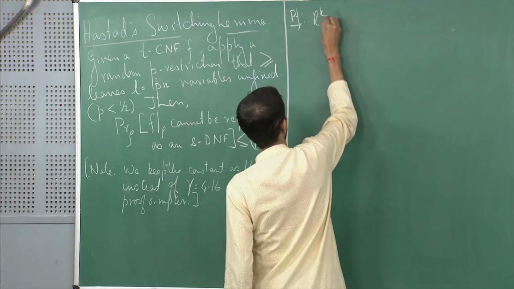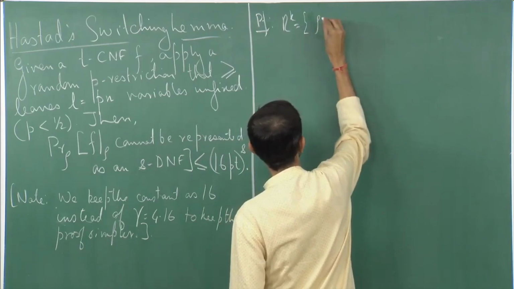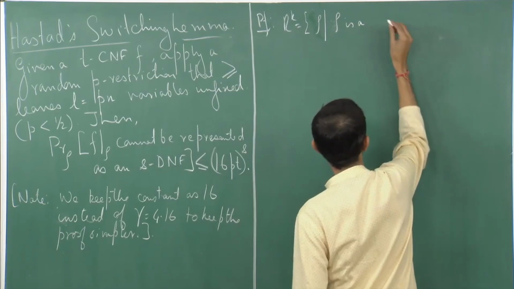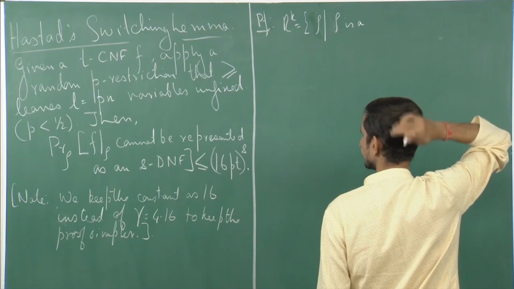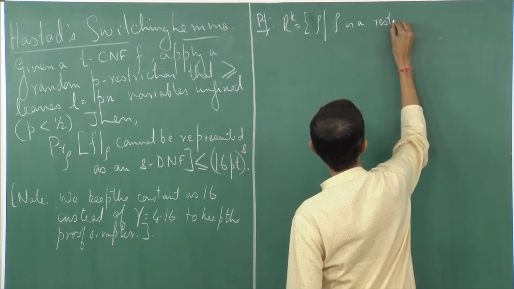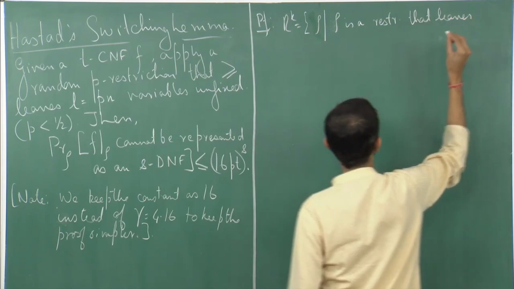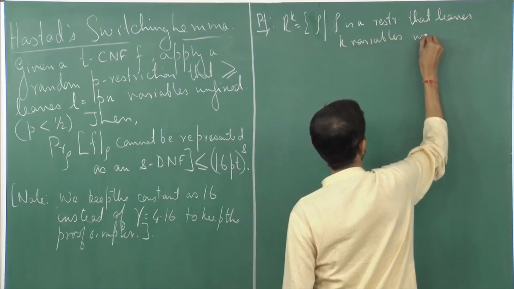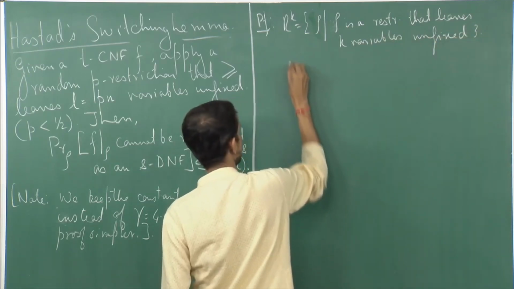So we will define R_k to be the set of all restrictions rho that leave k variables unfixed.